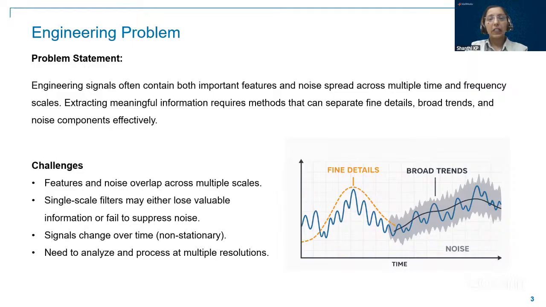Secondly, if we are using single-scale filters or traditional filters like a low pass filter or high pass filter, it may either result in the loss of valuable information or fail to adequately suppress noise. And thirdly, many real world signals are non-stationary in nature, meaning their characteristics change over time. This makes it difficult to separate the signal and noise effectively.